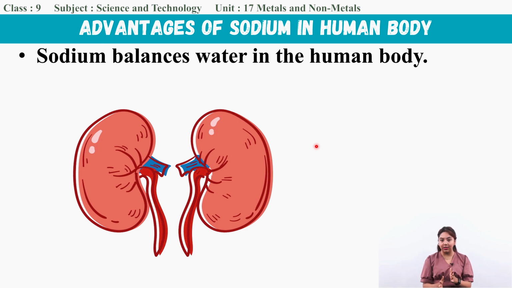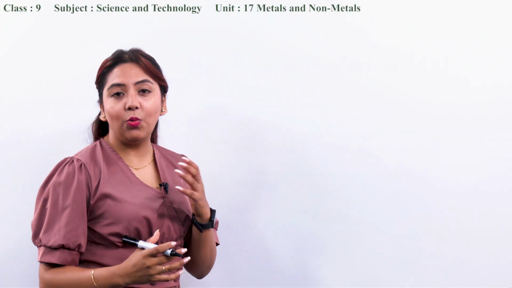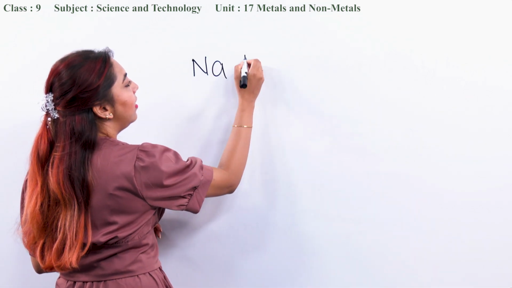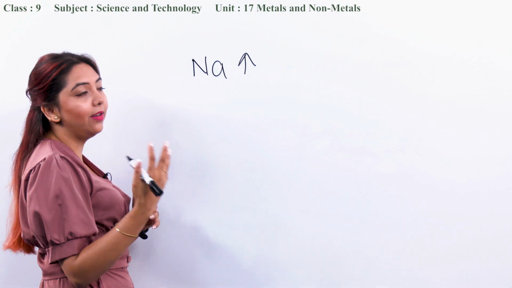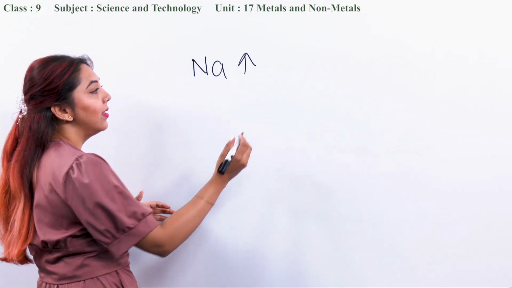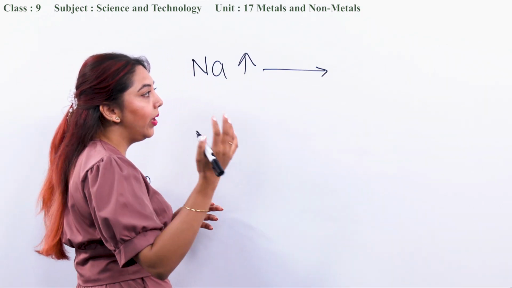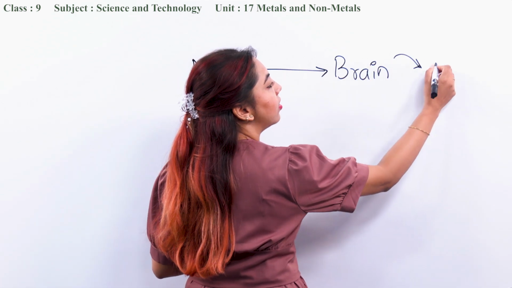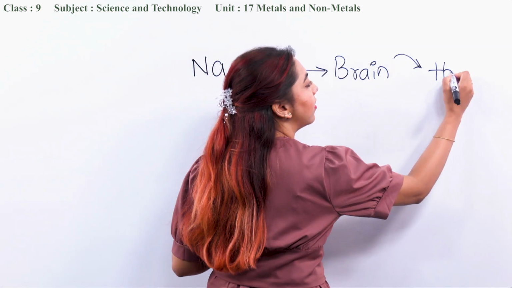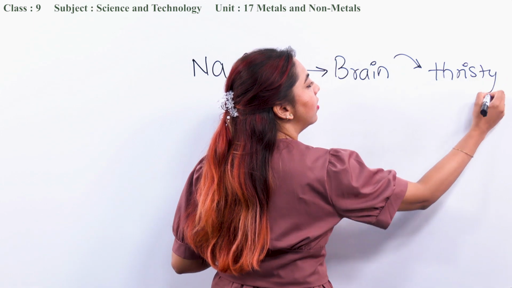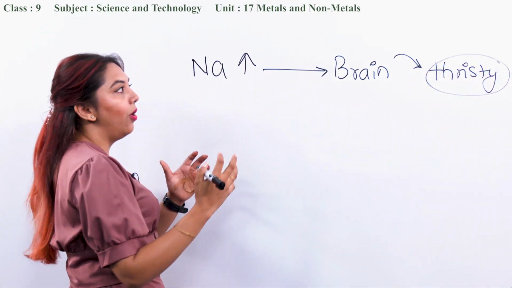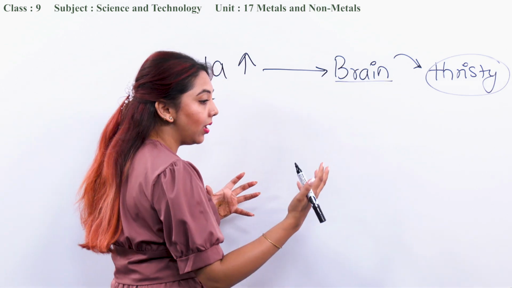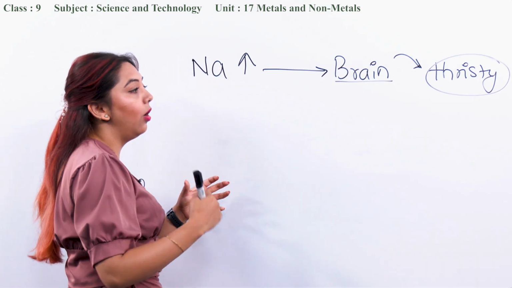Now, how sodium balances water in the human body is, when there is an increase in the sodium level in the body, it triggers the brain, which allows us to feel thirsty. So, when the body has a higher amount of sodium, it tells the brain to give the signal of thirst.